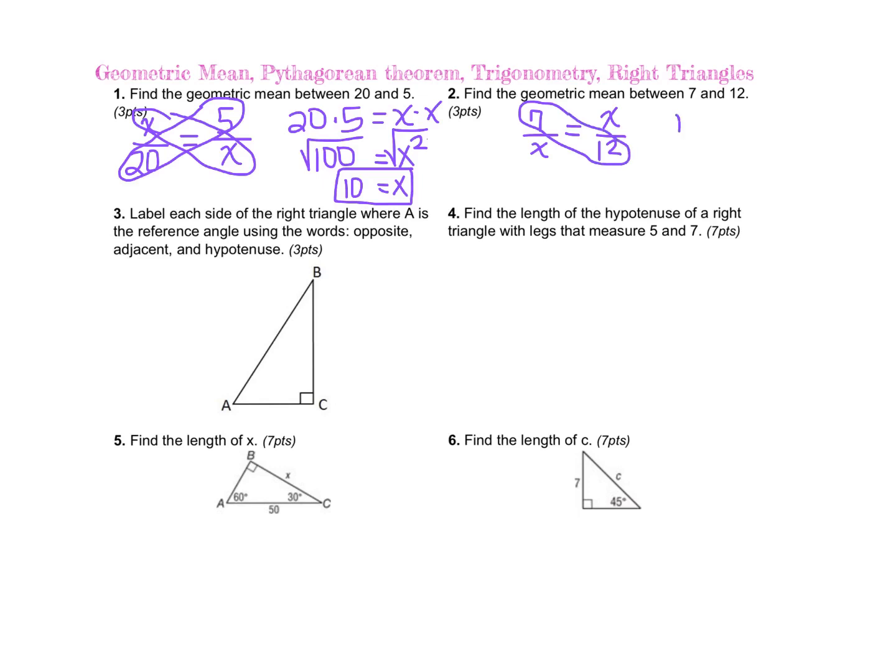So we have 12 times 7, so that gives me 84. So 84 is going to be equal to x squared. So then to solve, I'm going to take the square root on both sides. So we would get that x is the square root of 84.